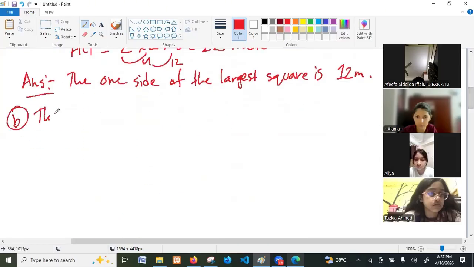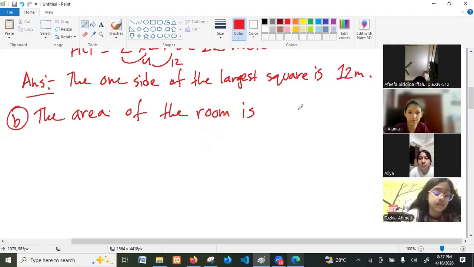We can write the area of the room is, do you remember, can you recall what's the formula to find out the area of a rectangle? It's length into breadth, right? Or width, whatever you say.